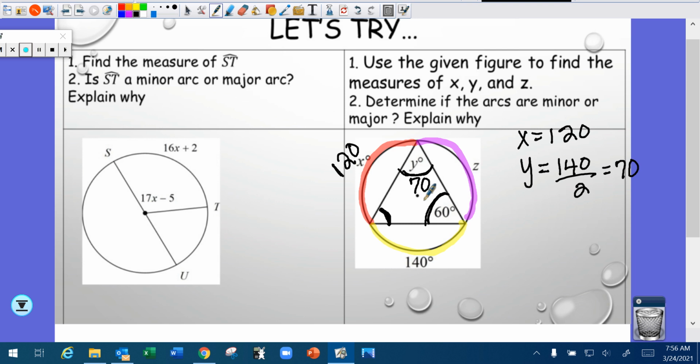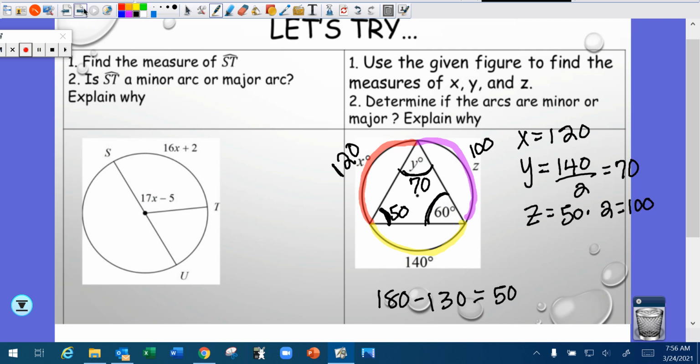So 60 plus 70 is 130, and 180 minus 130 gives me 50. So this right here is 50, and since this is an inscribed angle, I just double it to get z, so z equals 50 times 2, which is 100.